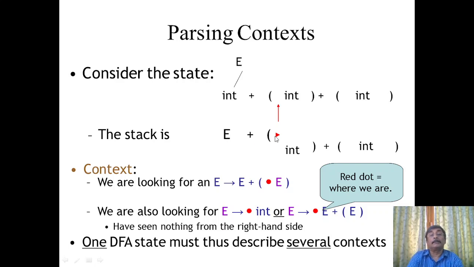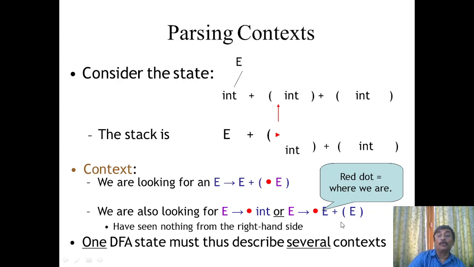So this is the end of the stack, and if I look at the possibilities of going ahead with finding the remaining part of the longest viable prefix, I will find that there are quite a few options. One option could be this item, another could be this item, and the third could be this item.